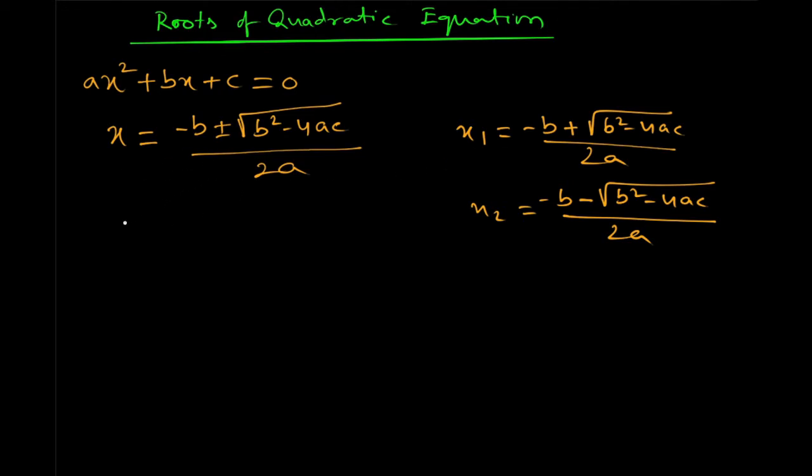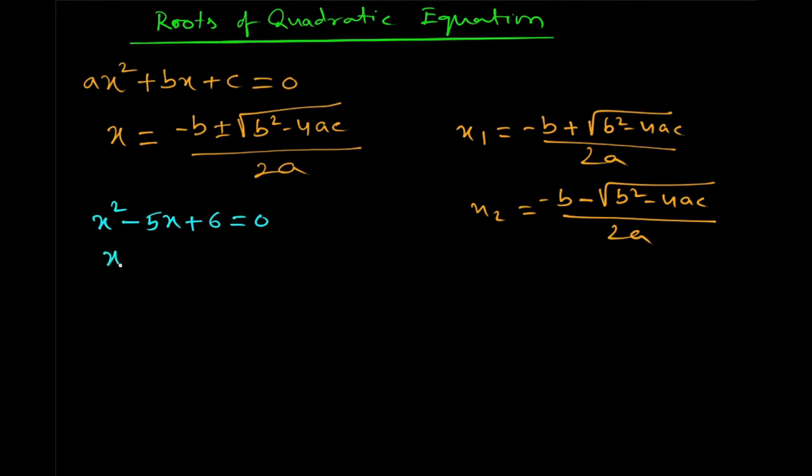Okay, now let us take one example, that is our favorite example. x square minus 5x plus 6 is equal to 0. We can find the roots of this equation by simply factorizing this polynomial.